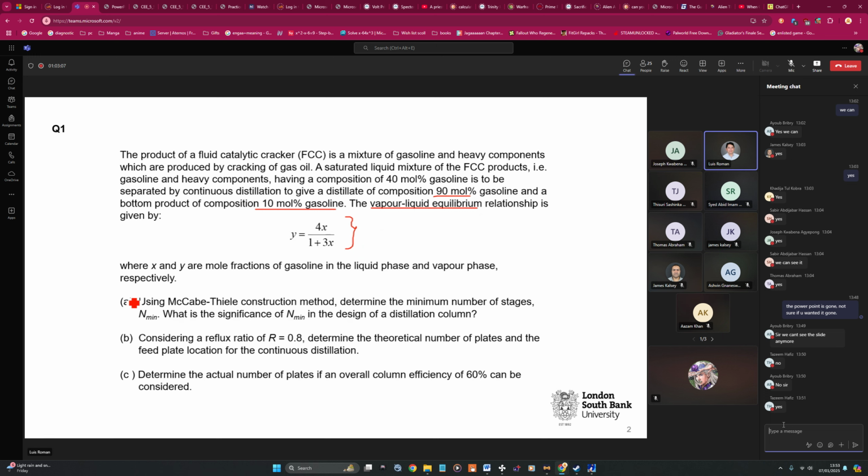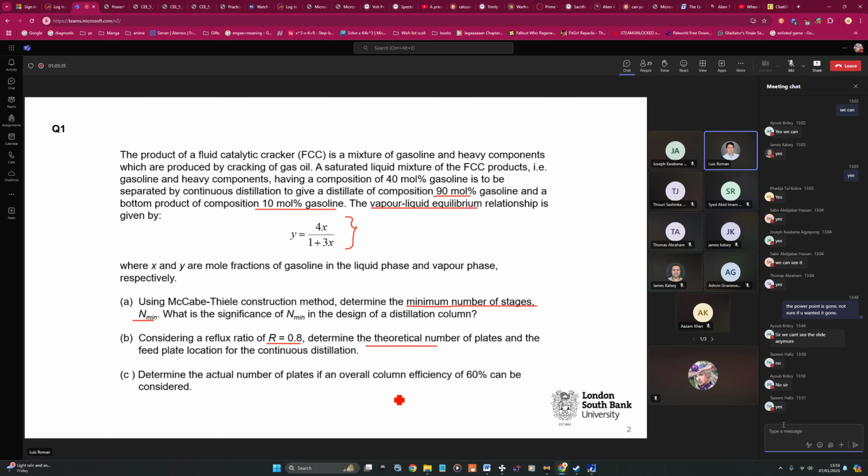And the idea here is to use the McCabe-Thiele method to find the number of minimum equilibrium stages for case A, and in case B, you have this value of the reflux, then the number of theoretical plates needed to achieve the distillation.